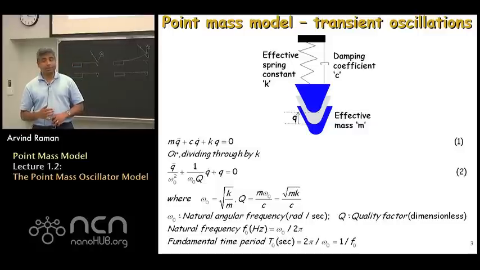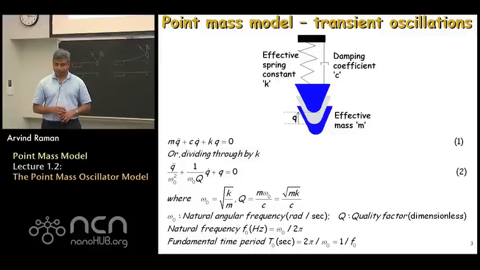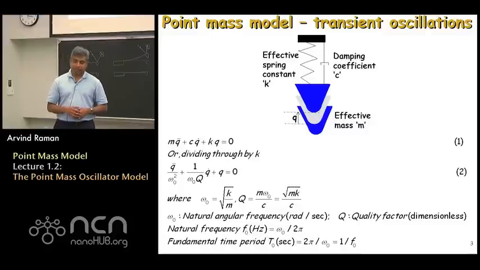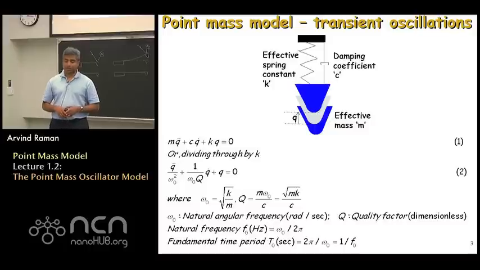That's an angular frequency in radians per second. There's a Q factor, which is a combination of mass, stiffness, and damping. We can also define a natural frequency in hertz as omega naught divided by 2 pi. The fundamental time period of oscillation of this oscillator is 2 pi divided by omega naught.